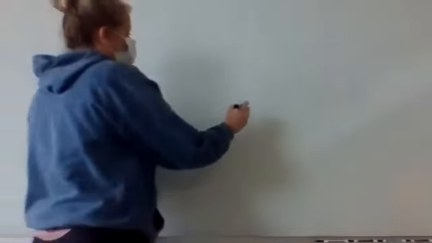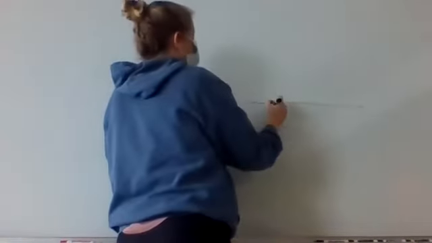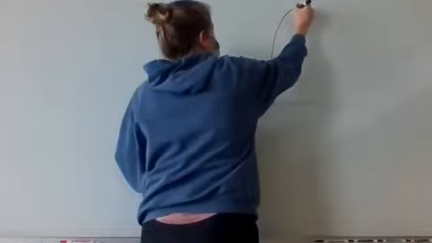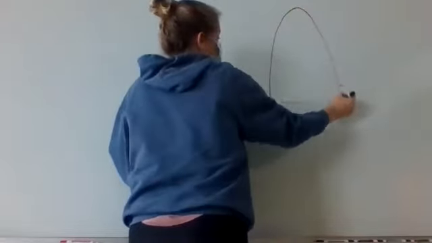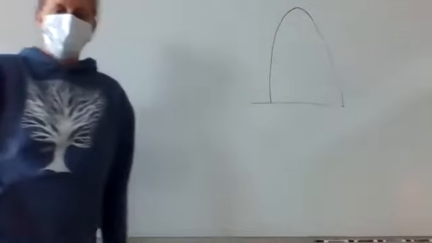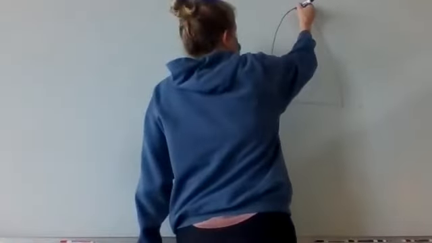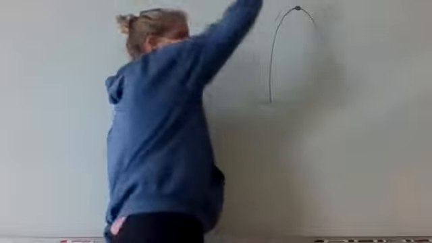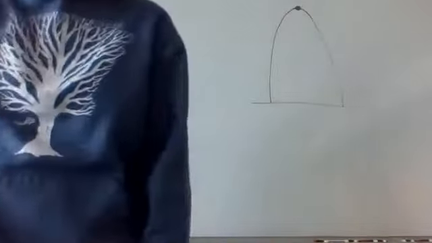What's going to happen to it? Say you're at the ground and you shoot a toy rocket, it's going to go up and up and up, and then at some point, it's going to start going down. So it's going to reach this maximum height at some point, and once it gets there, it's going to turn and fall to the ground.